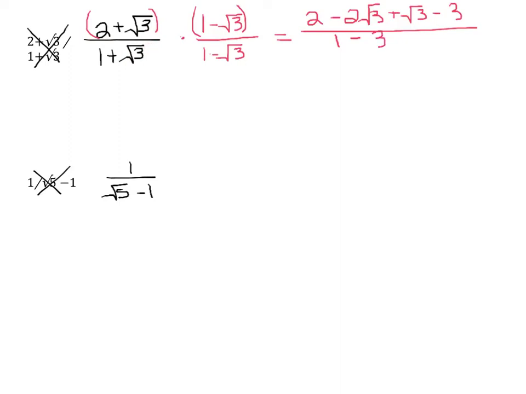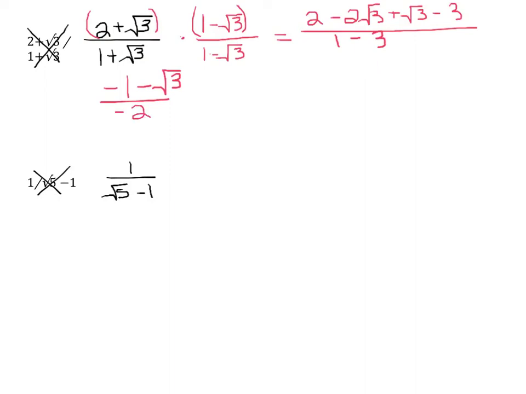Now I can simplify. My numerator, I have 2 minus 3, so that's negative 1. I have negative 2 root 3, positive 2 root 3, so that'll be minus the square root of 3 over, and then in my denominator, 1 minus 3 is, I apologize, negative 2.